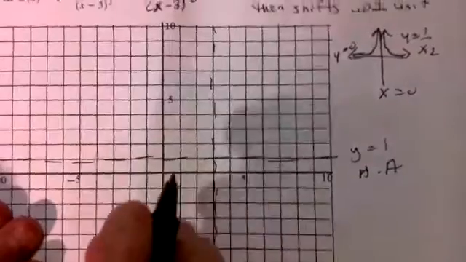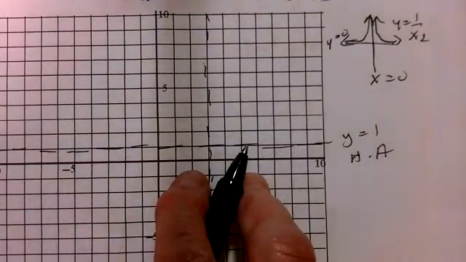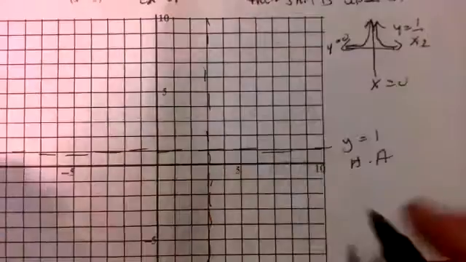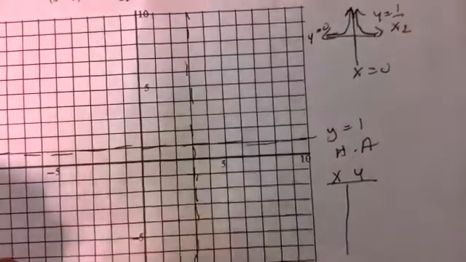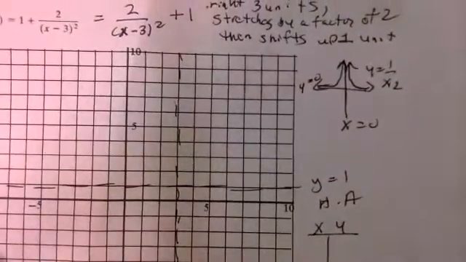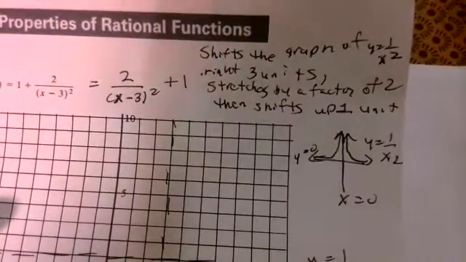So I think the best thing to do is to go ahead and draw in your vertical and your horizontal asymptote after the transformation. And then maybe you just want to get some other points. So maybe make a little XY chart. And we know x can't be 3. But what if x were 1?